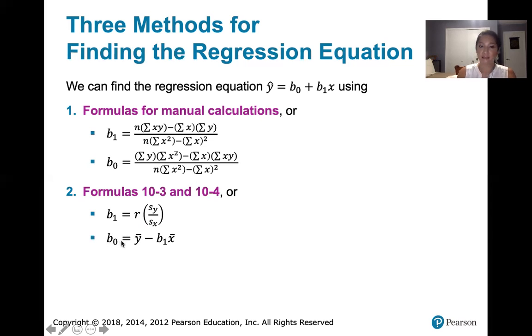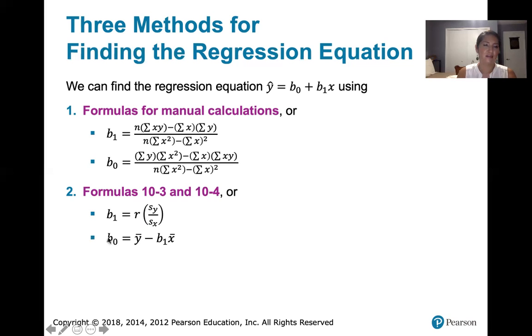And b sub 0, that's the y-intercept. Well, that just comes from taking the mean of everything up here. So we have the mean y value is equal to b sub 0 plus b sub 1 times the mean x value. If you take that and rearrange it to solve for that y-intercept, you get this.